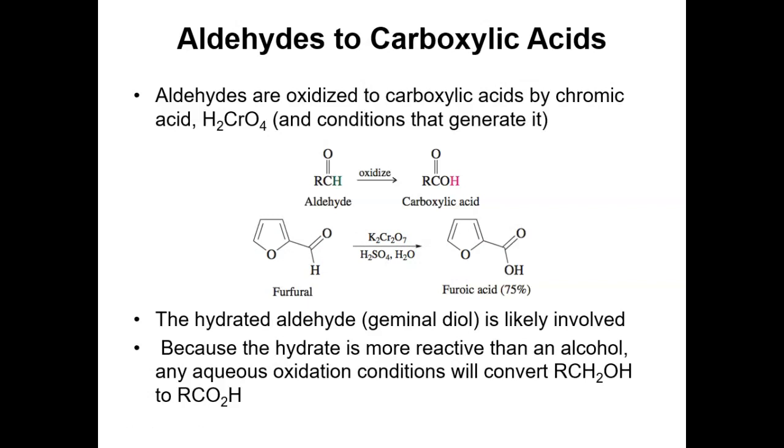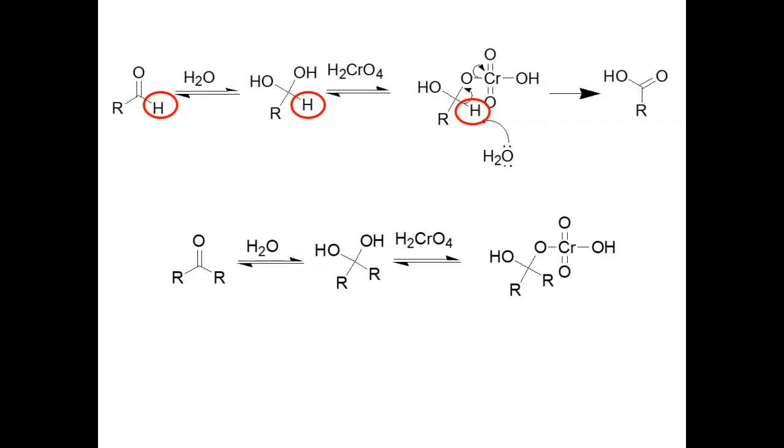Mechanistically, it's believed that the hydrate of the aldehyde is involved. As we know, water can add to a carbonyl group pretty quickly, especially if the reaction is not neutral, either in the presence of base or in the presence of acid.